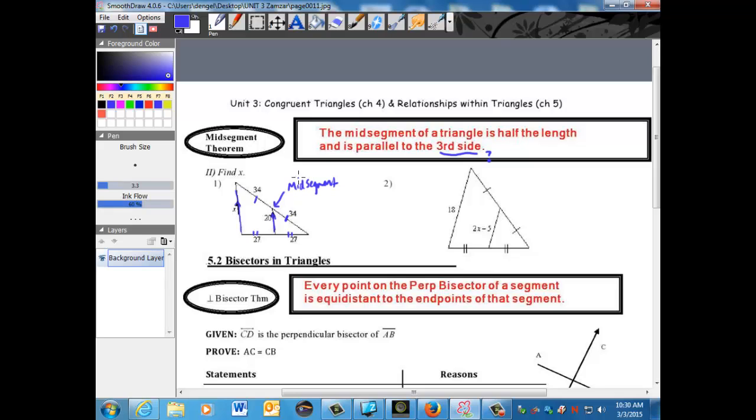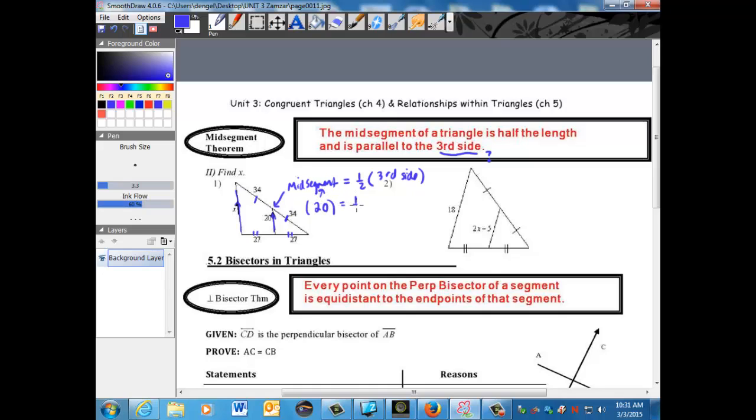Alright, we have a formula to find our mid-segment, and our mid-segment is going to be equal to 1/2 multiplied by our third side. In looking at this problem, we're already given 20 as the mid-segment. So we're going to substitute 20 in for the mid-segment.